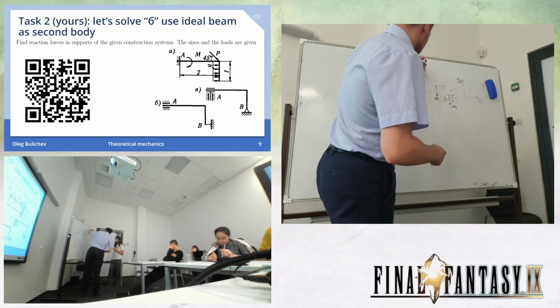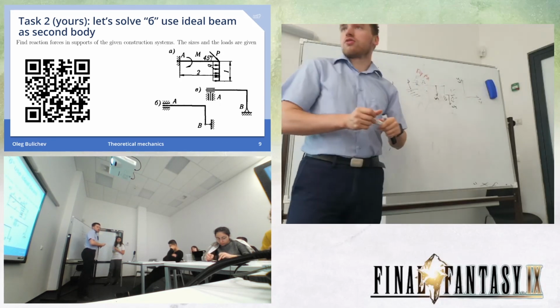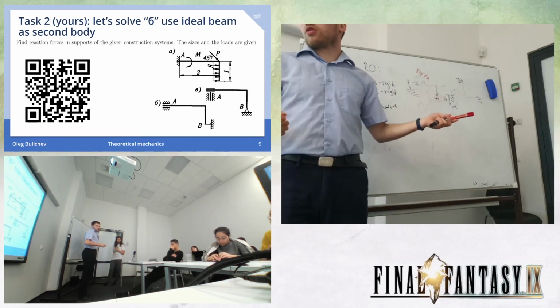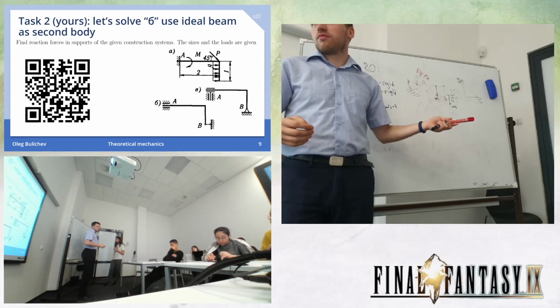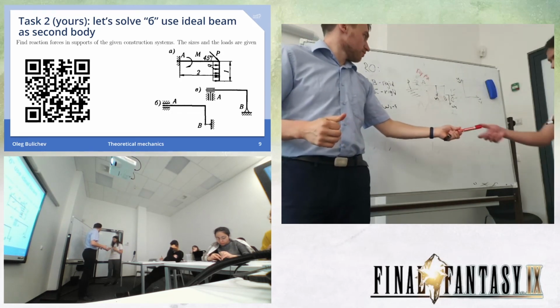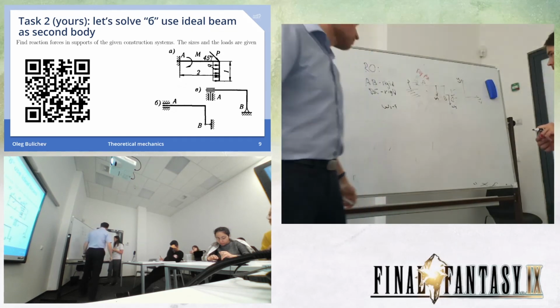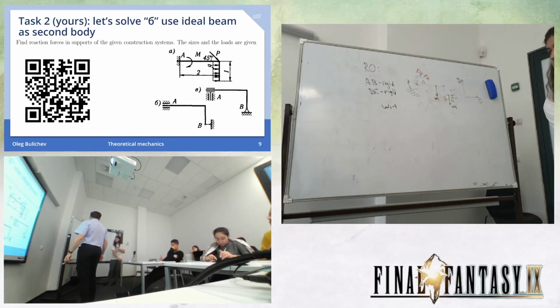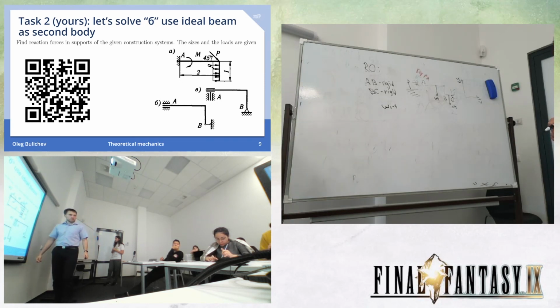BC is not rigid. We assume that it's rigid. It's not ideal right now. It cannot move, but it kind of can. If you consider each body separately, then you can analyze it.